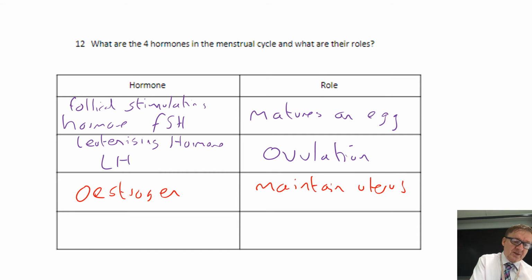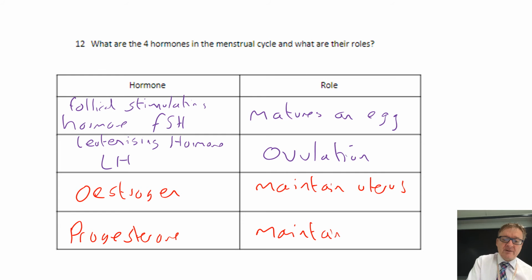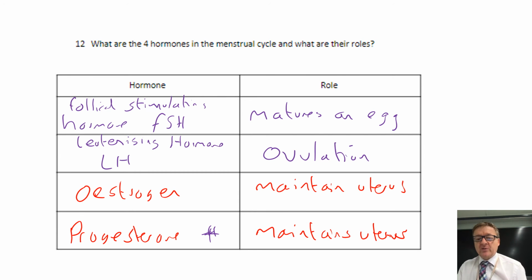And then you've got progesterone, which also maintains the uterus. Progesterone's main job is to maintain the uterus. Estrogen does have other roles as well within the menstrual cycle, which you need to look up.